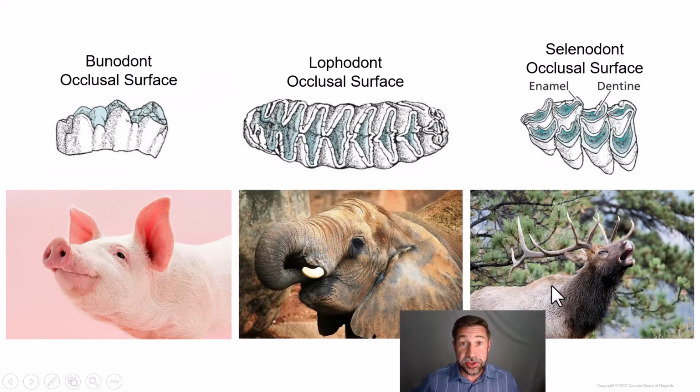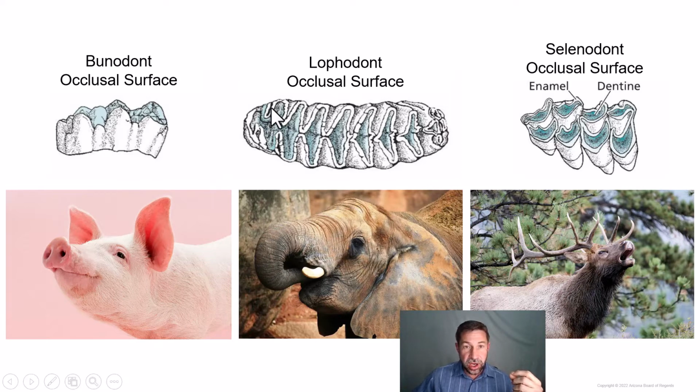Further, the cusp patterns are quite variable on the occlusal or the chewing surfaces of cheek teeth. So brachiodont, remember brachiodont has the low crown. Brachiodont cheek teeth are most often bunodont, which means they have rounded cusps for crushing and grinding, like we see in the monkeys and the pigs.